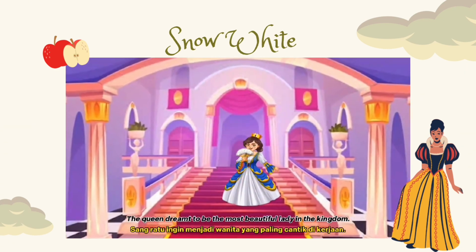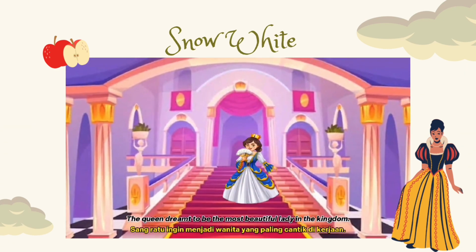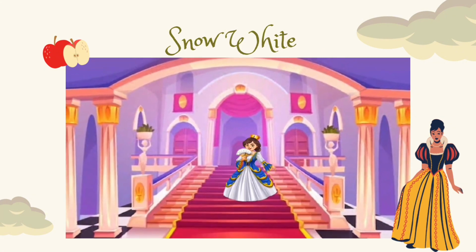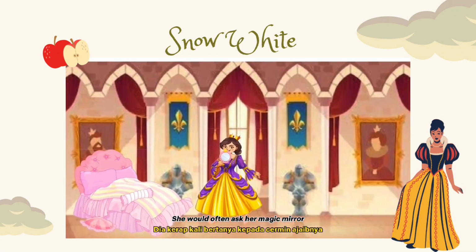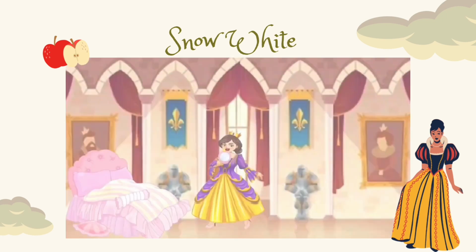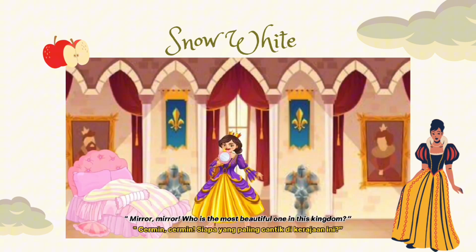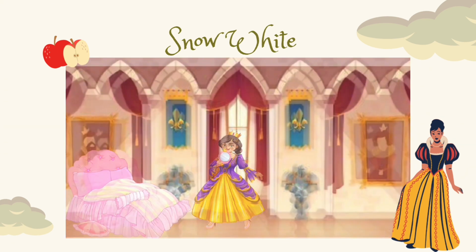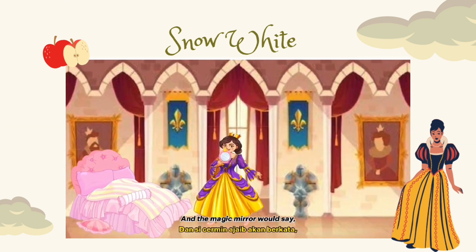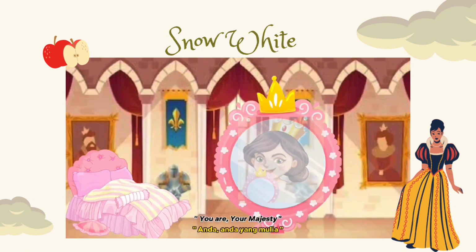The queen dreamed to be the most beautiful lady in the kingdom. She would often ask her magic mirror, "Mirror, mirror, who is the most beautiful one in this kingdom?" and the magic mirror would say, "You are, Your Majesty."